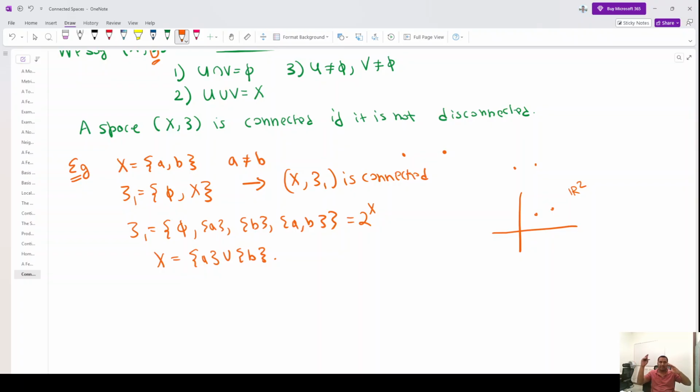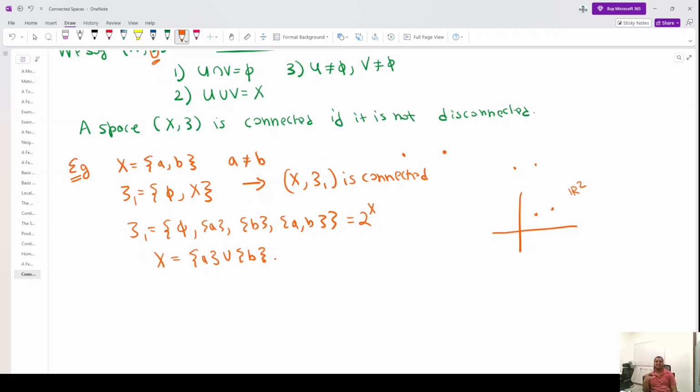I cannot join them. But what space you are taking, what topology you are taking is very important. So this very basic example tells us one of the very beautiful things about topology. What it seems in nature, you have to be more careful, right?